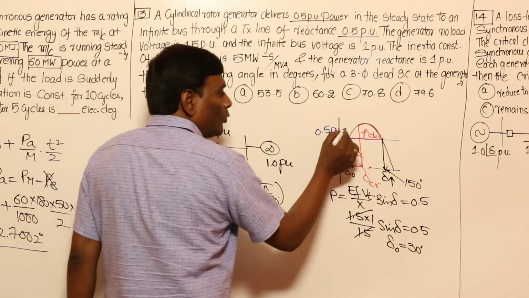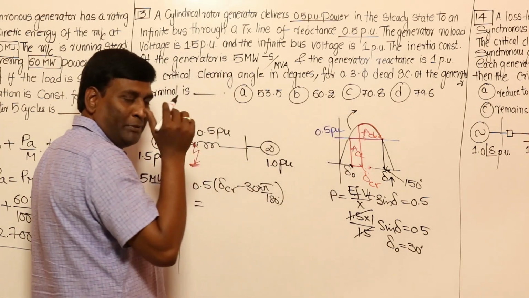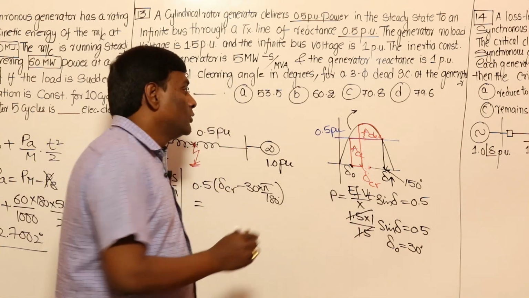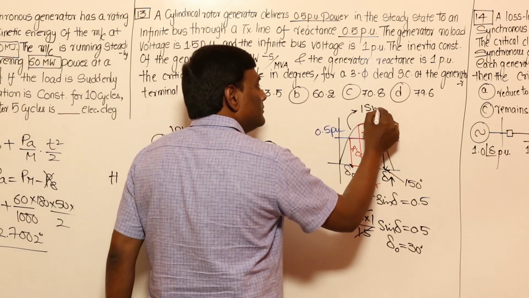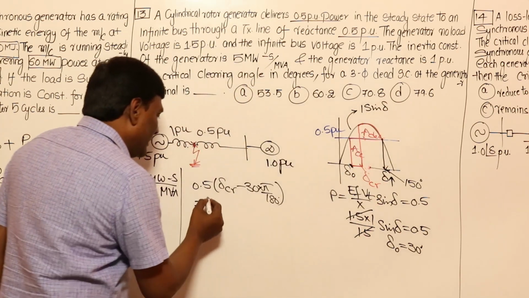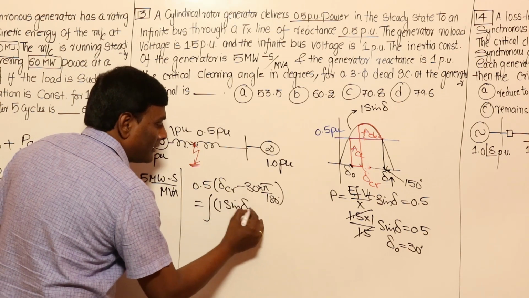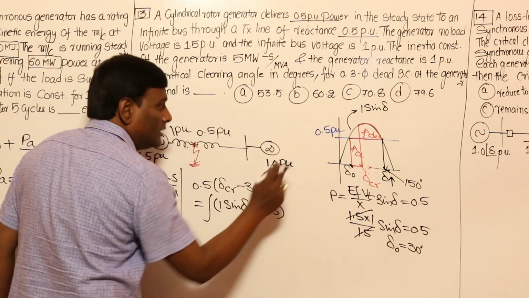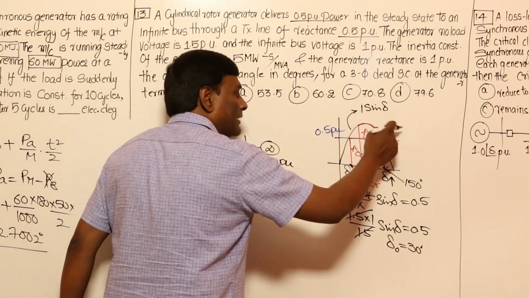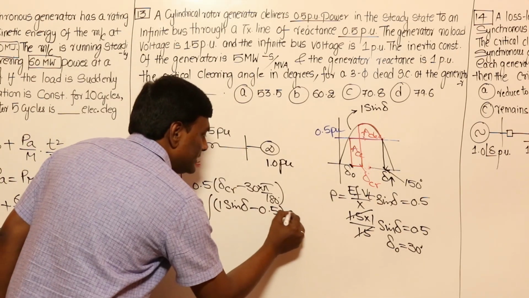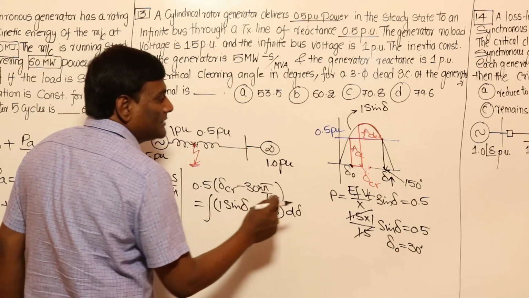Okay, so what is this? It is going to be Pmax sin delta. What is Pmax? EF Vt by X is 1, so this is going to be 1 sin delta. So let me integrate it. Okay, so 1 sin delta minus 0.5 is going to be this. Of course d delta will come. What are the limits actually?